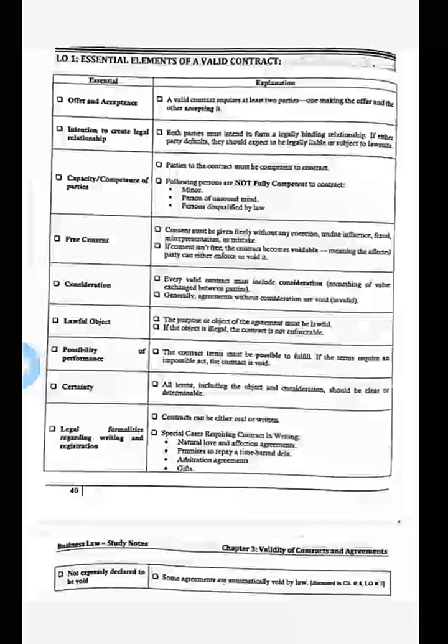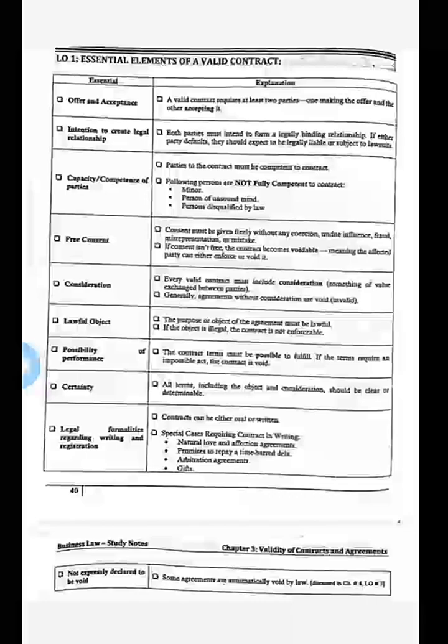Now we are moving forward to the intention to create legal relationship. Both parties must intend to form a legally binding relationship. If either party defaults, they should expect to be legally liable or subject to lawsuits. If we are forming a legal relationship, we must follow the rules and regulations that are supposed to be in the contract. If any party refuses to accept these rules, then certainly there will be lawsuits against that party.